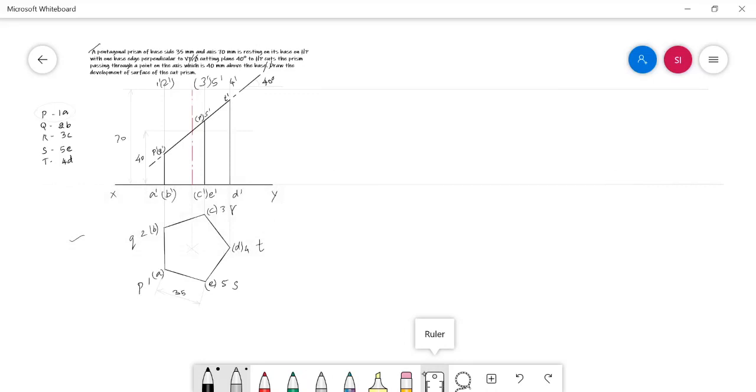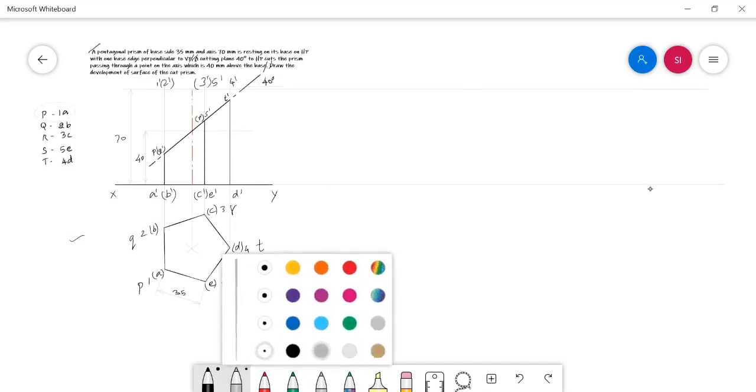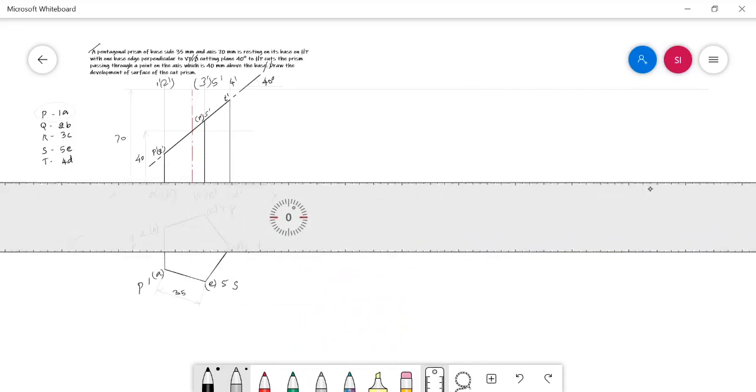And from a convenient portion, we can start to draw all the lateral edges of the solid. In the solid, totally 5 rectangular faces are there. See here, one rectangular face, 2, 3, 4, 5. Totally 5 rectangular faces are there. We need to bring all 5 rectangular faces here. Thereafter, we can confirm which is the removed portion and which is the retained portion. First, we need to draw everything with the 2H pencil.